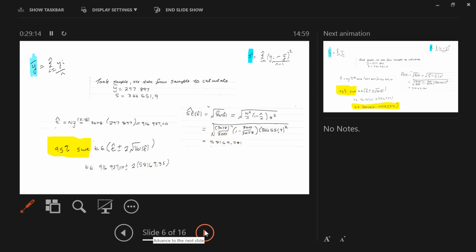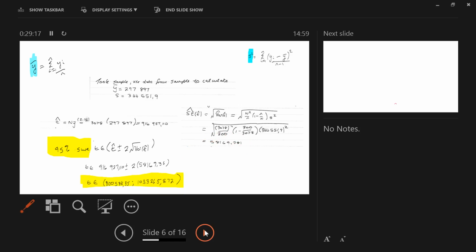Not hard. If you work that out, it's between those two values. So you know that the total number of acres under crop growth in the USA for that year is between those two values.